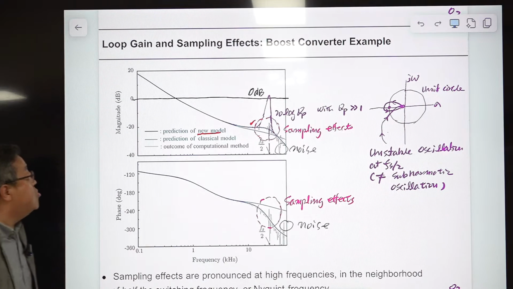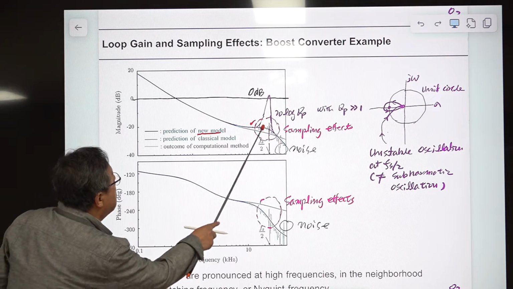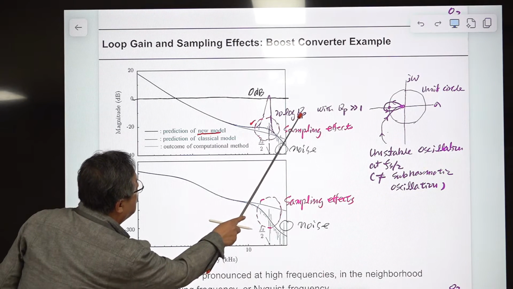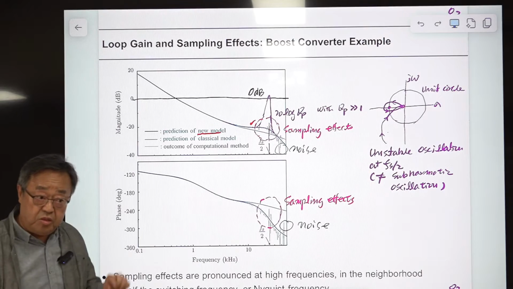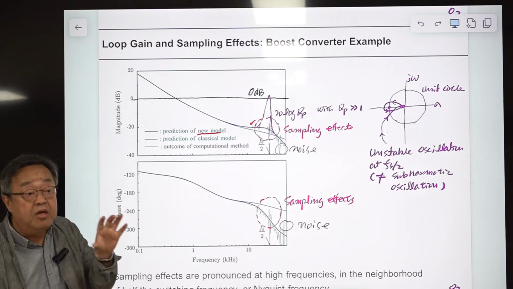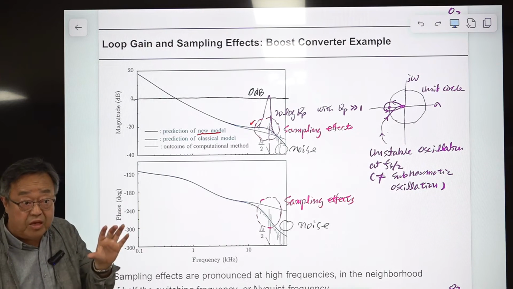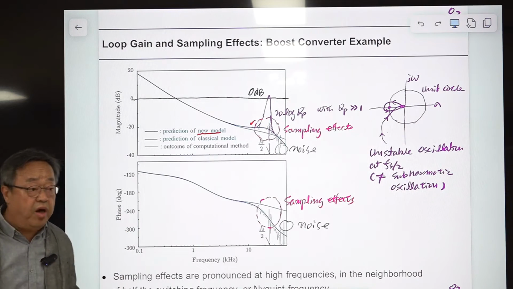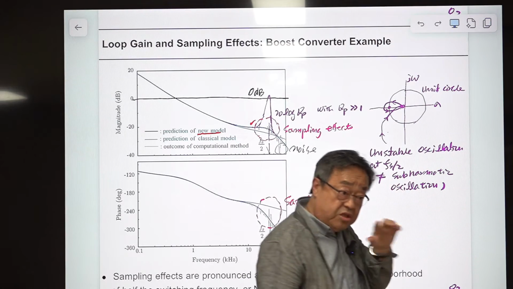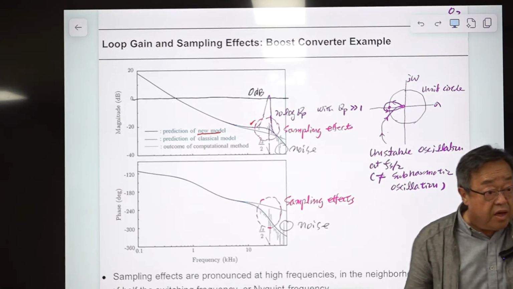And later on, you will see there is a peaking, and the value of the peaking is given by 20 log QP, and QP is some variable determined by many parameters, like duty ratio, the slope of the external ramp, and the slope of the sensed on-time inductor current, and so on.